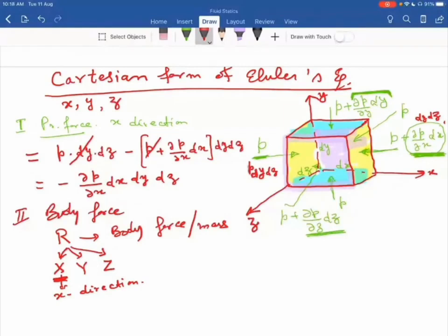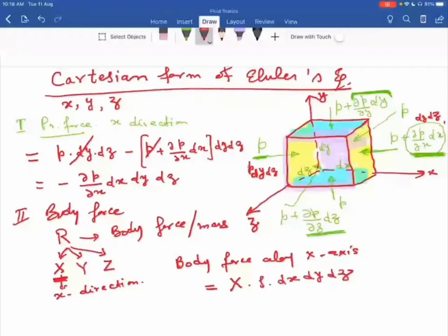So I write the body force along x-axis: the component of body force per unit mass multiplied by the mass of the element. The mass of the element is density multiplied by its volume, dx dy dz. So this is the pressure force and this is the body force along x direction.